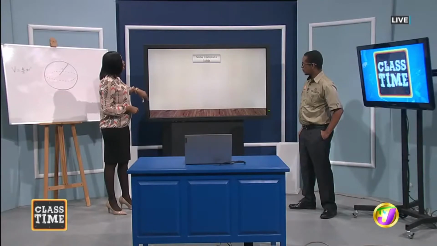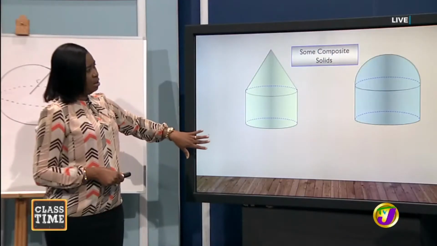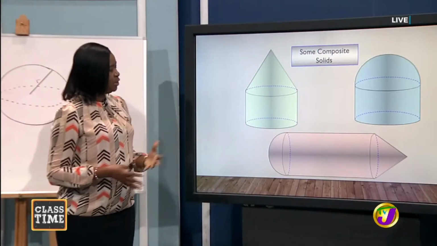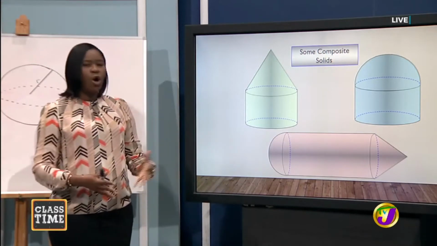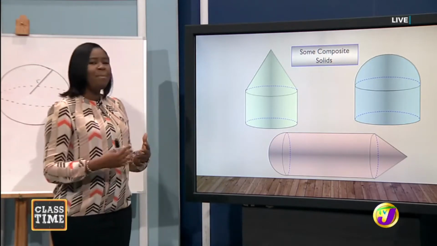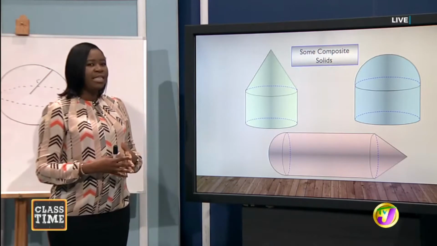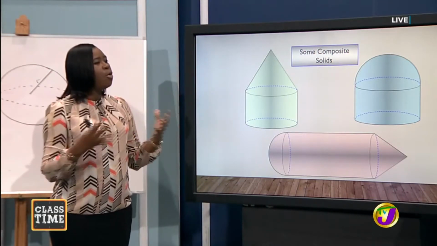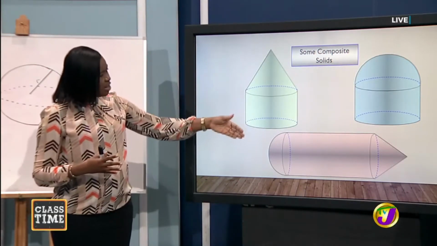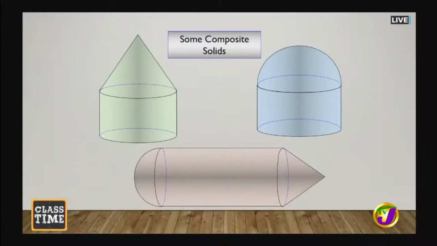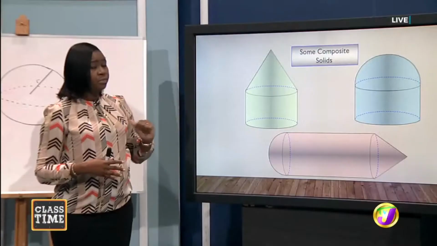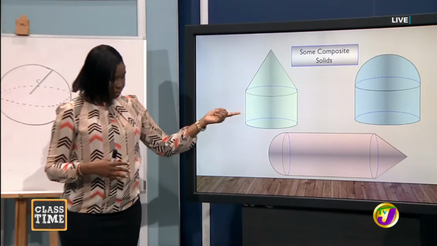All right, so now that we have looked at volume of the shape, solids, we're going to be looking at composite or compound solids. And based on the word, it is suggesting that it's made up of more than one. Because as you see on the screen, this part here is made up of a cone and a cylinder.